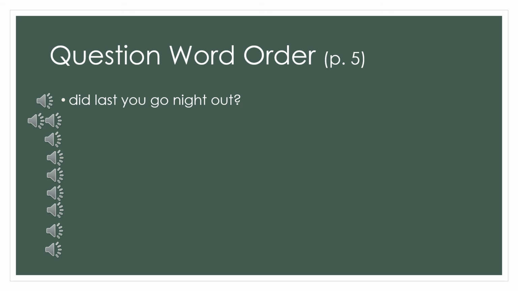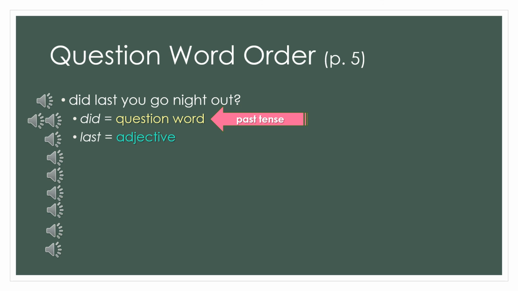Did, last, you, go, night, out? Did is working as a question word here. Please notice that the word did is in the past tense. Last is an adjective. Adjectives go before nouns. You is the subject.